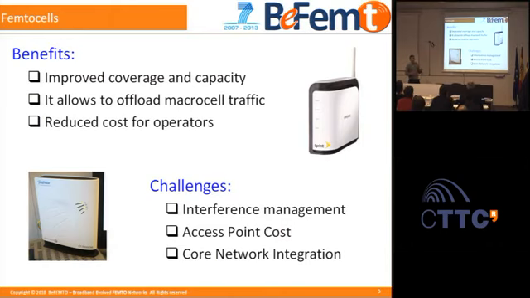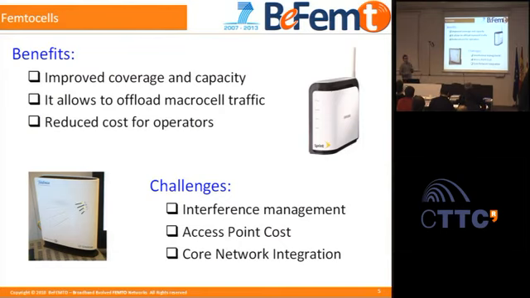This is very important because in the macrocell you can experience problems with attenuation loss and things like that. But in indoor environments, it is a very good solution for improving coverage and capacity.